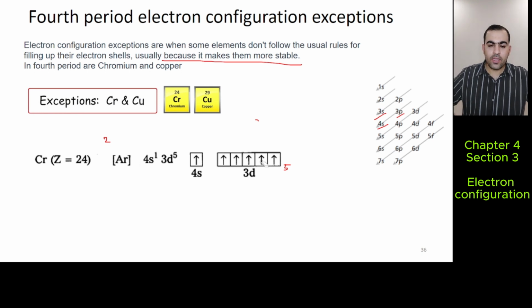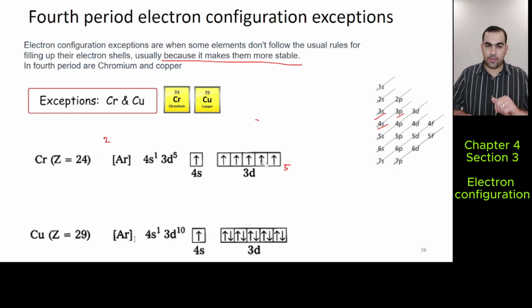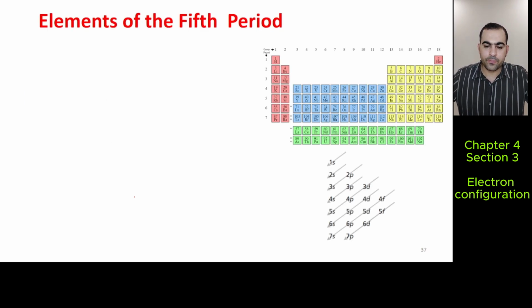What about copper? Copper, same thing. One electron has moved from 4s to 3d so that the d orbitals are completely filled, and it makes the copper atom more stable. So there are two exceptions, you must know them.